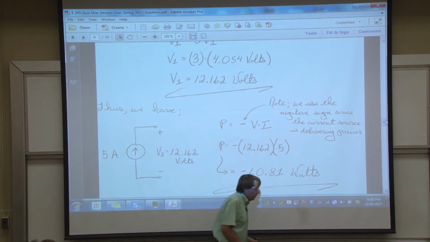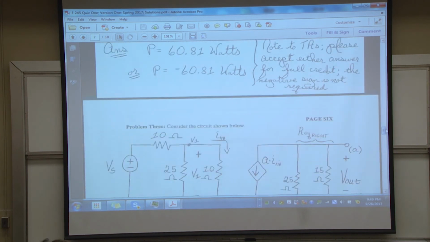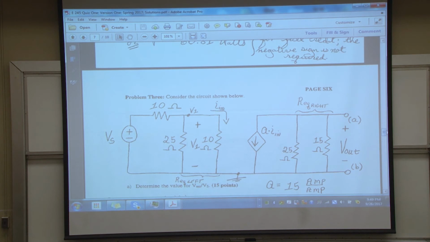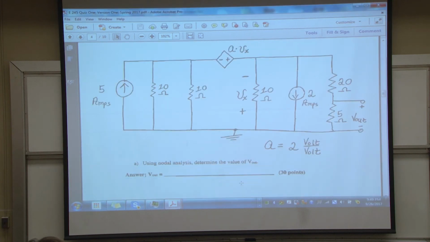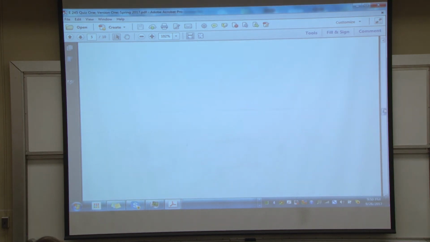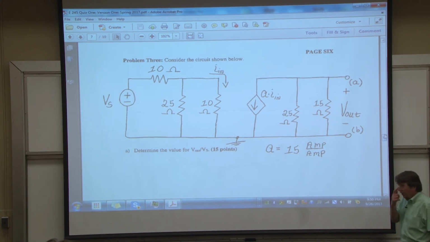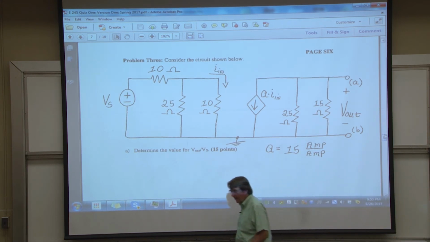So mesh and nodal we've done. Let's bring in the amplifier. Tell you what, let me show you the... There. That's what you'll get.